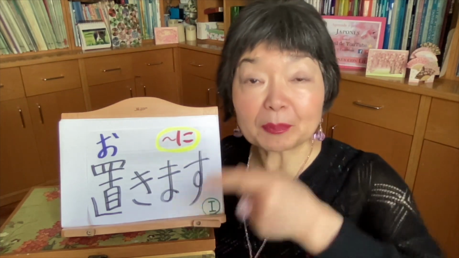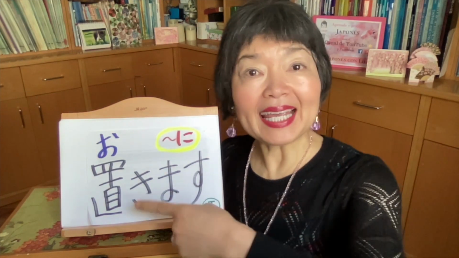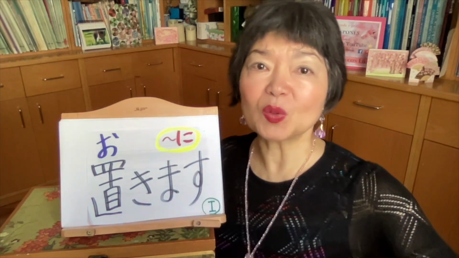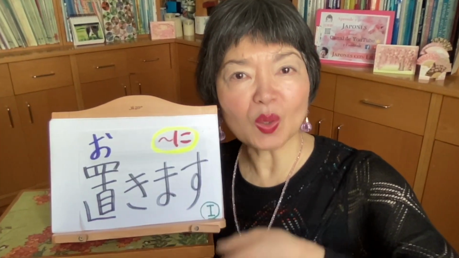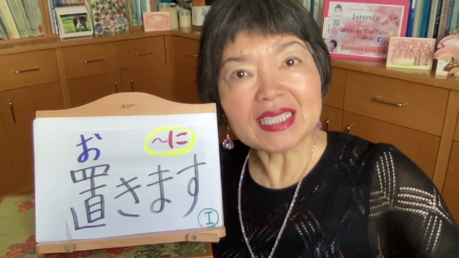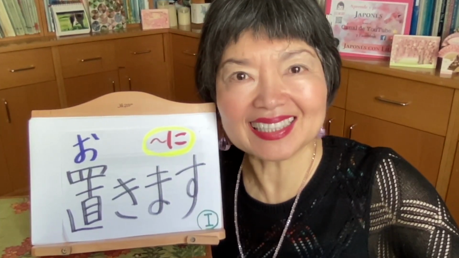This verb is used like this: place に something を置きます. ここに自転車を置かないでください.